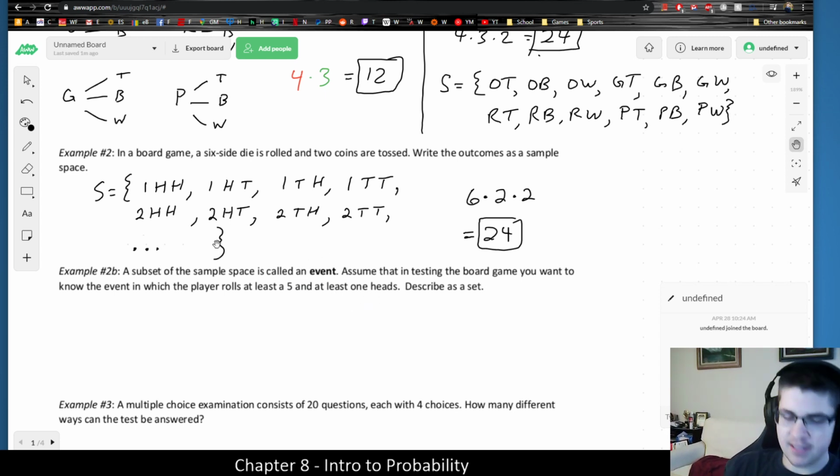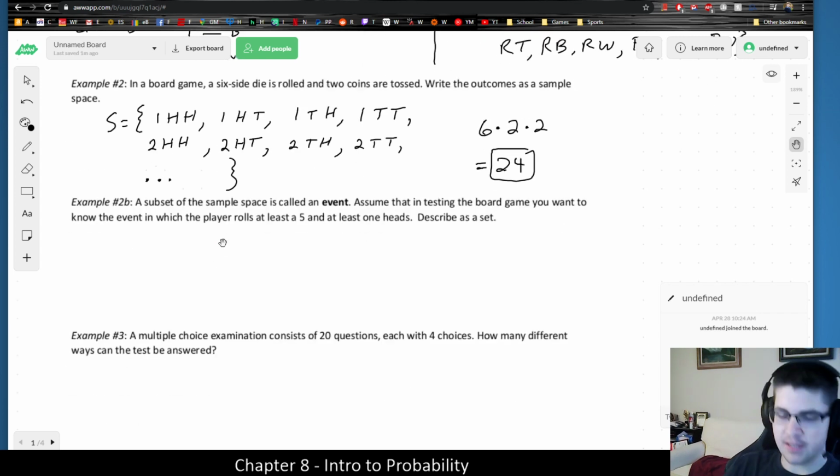Basically, we want to know the outcomes in which the player rolled at least a 5 and at least one heads. Comparing to our sample space, since I didn't finish it, it's not perfect, but if you pretended that these were 6s and 5s, I could see the case when the player could roll a 6 and then one heads, one tails, or a 6 and a tails and a heads, or a 6 and two heads.